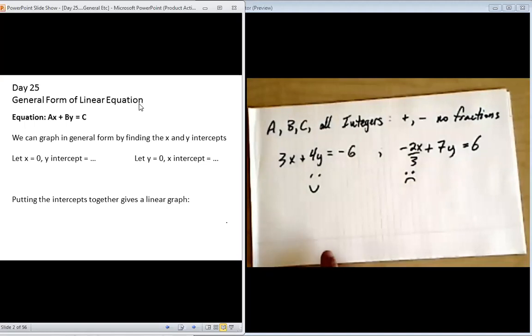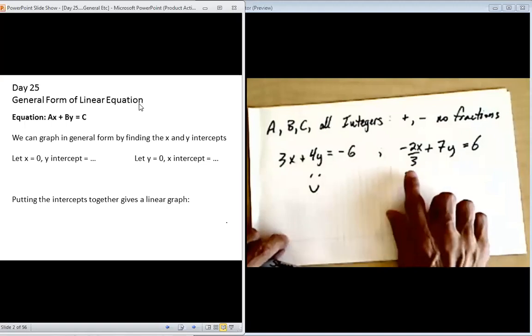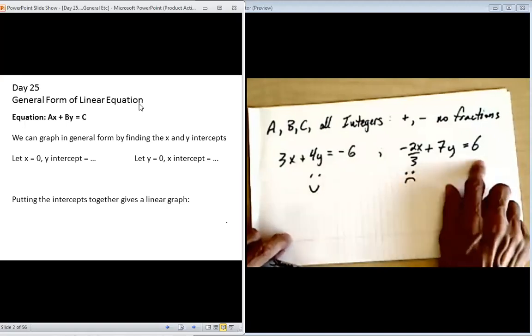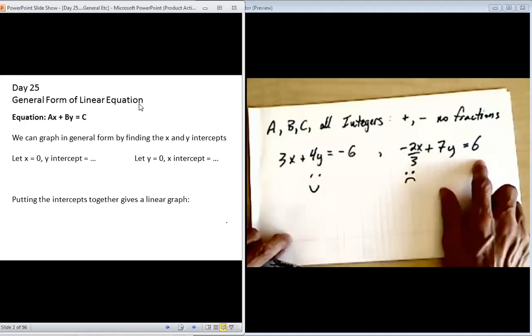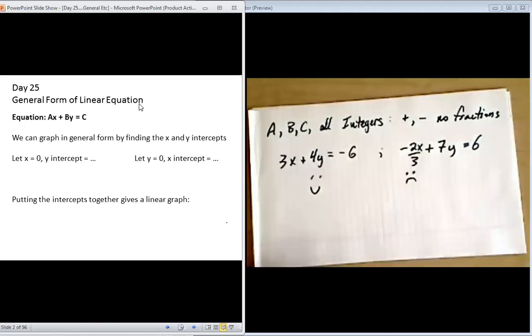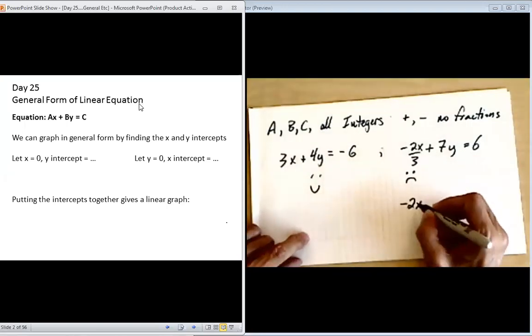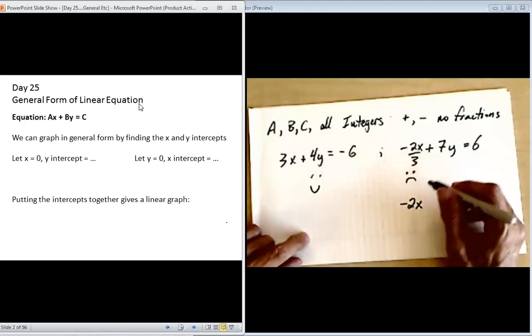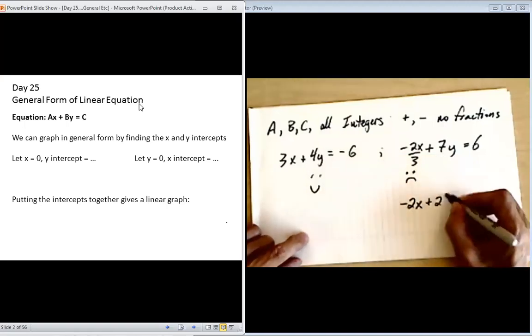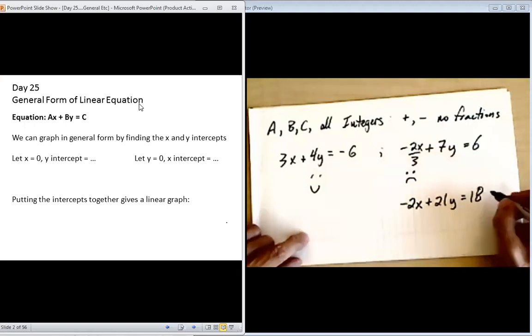We can multiply everything by 3. So that cancels out there. We get 2x. Multiply this by 3, we get 21. Multiply that by 3, we get 18. Now it's okay.